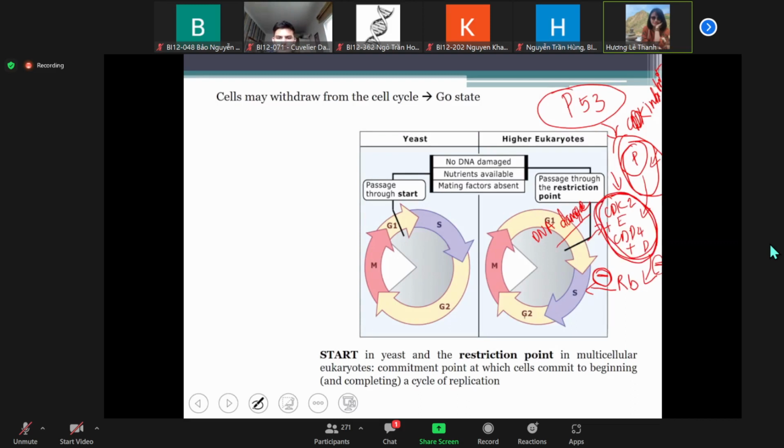So that means the RB is working normally. If nothing inhibits the RB, it works normally, so it will inhibit the synthesis. This means that the cell will stop here. They stop at G1, so it takes time to repair DNA. So that's the way the P53 works.